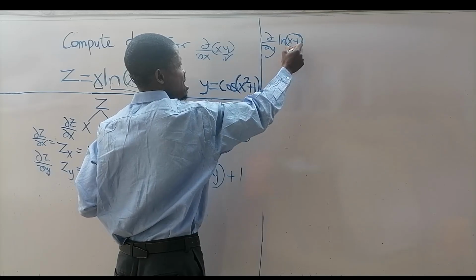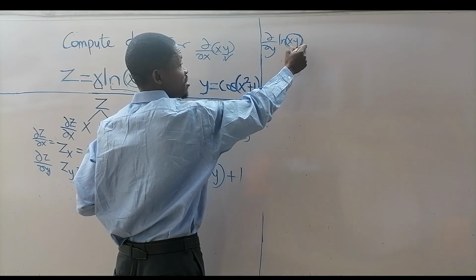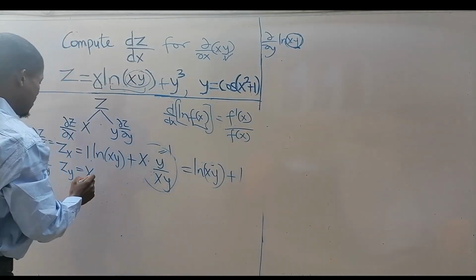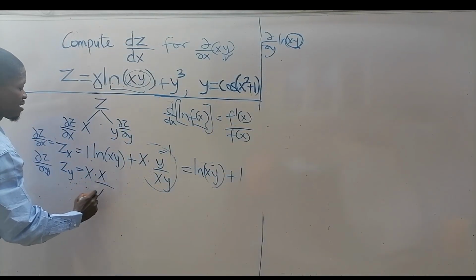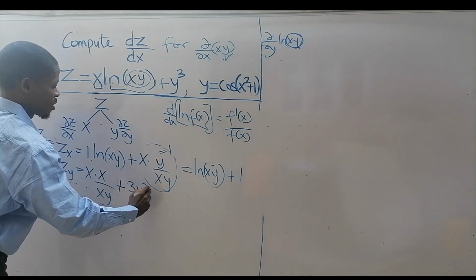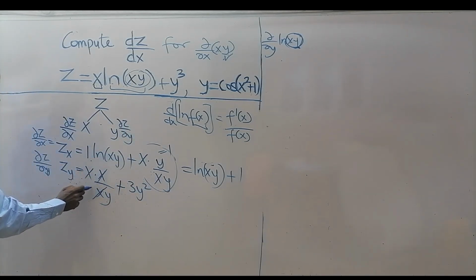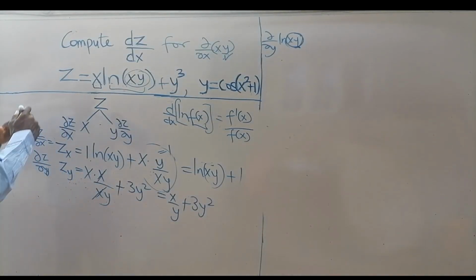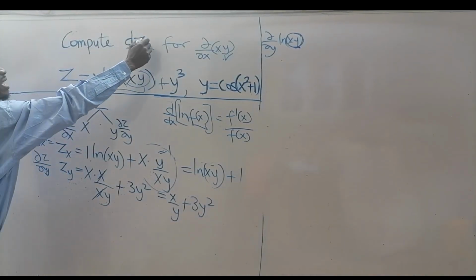This y is what you are differentiating with respect to, so that's 1. You are keeping this one constant. So you have x over xy plus 3y squared. So this one and this one cancel. So the next thing to do now is to compute this formula.